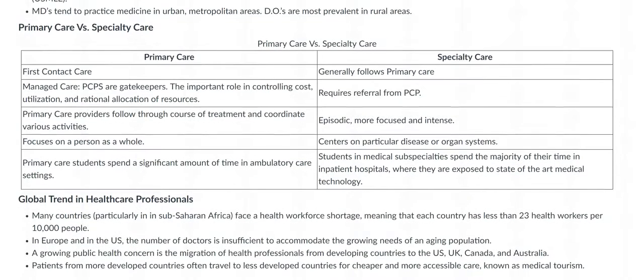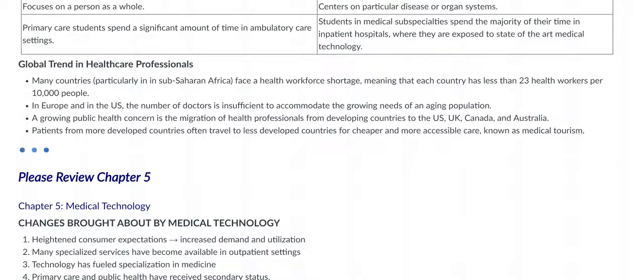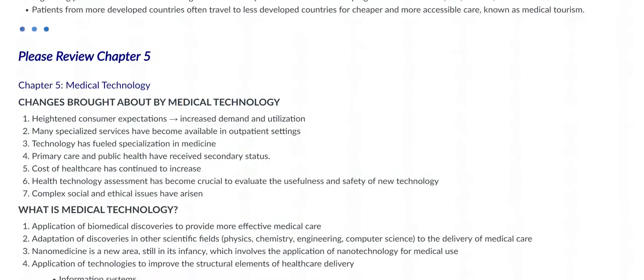Then below that, you'll find a table that goes through what primary care is in comparison to specialty care. And we touch on this maldistribution between primary care and specialty care here in the US.